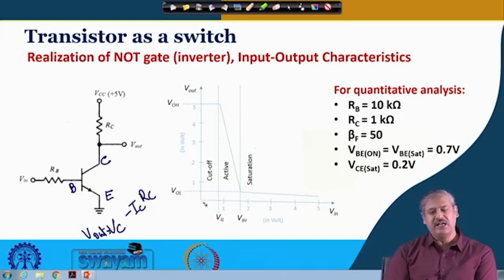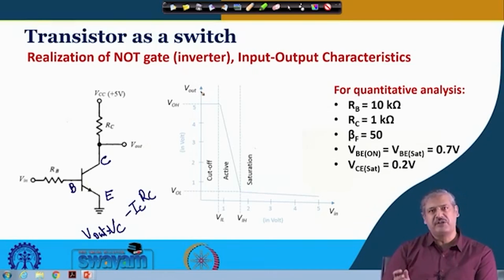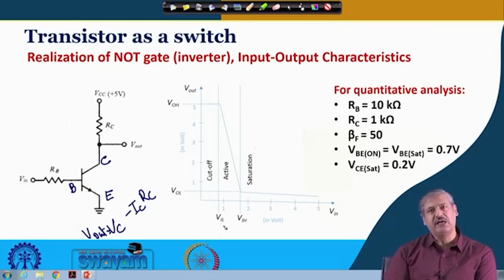Any voltage less than that will be considered as logic low only, because at that time the output is remaining at high voltage, which is the inverter action. This is the first part of the inverter action; we shall see the other part also, when input is high, whether the output is low or not. So, input is considered low up to a maximum point VIL.